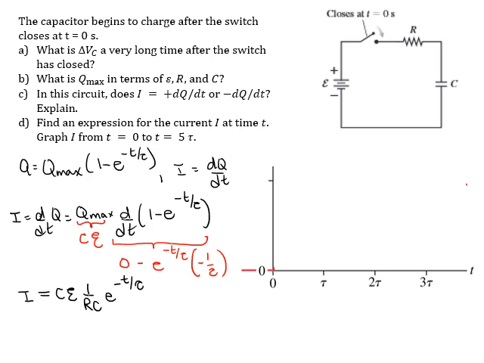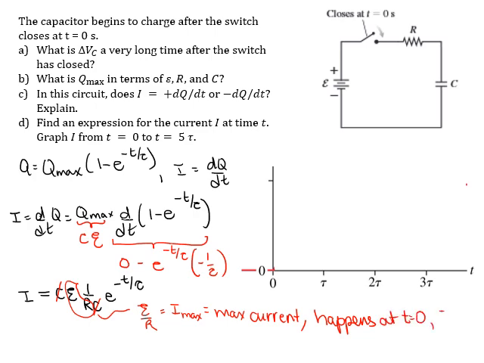If you look at this expression, you might notice a C on top and a C on the bottom, and then you might notice you have potential over resistance. So epsilon over R is equal to the maximum current. That happens at t equals 0. So you might also call that I of 0.